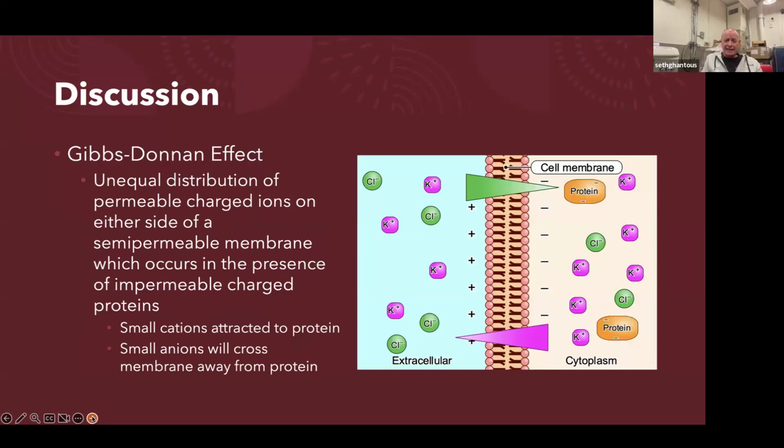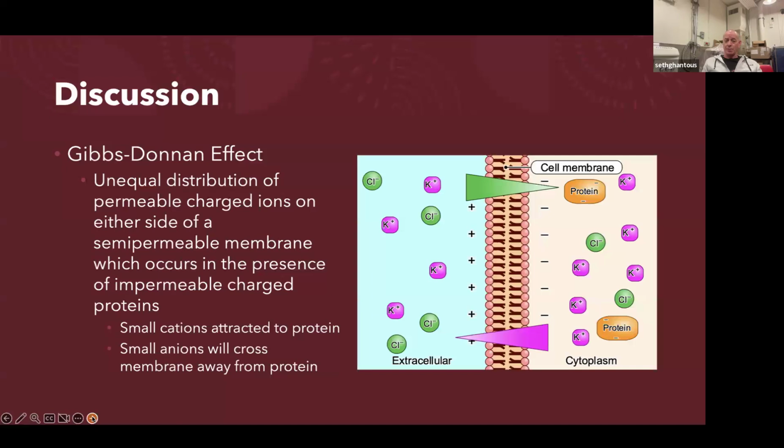And there is this Gibbs-Donnan effect, which has to do with ions that are able to move through membranes and large bulky charged proteins that aren't.